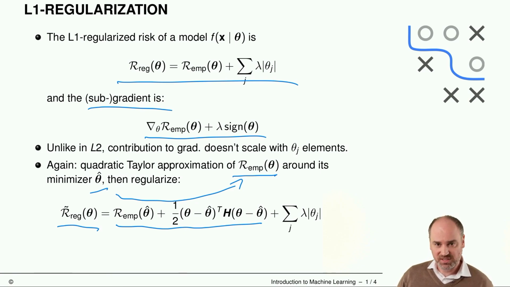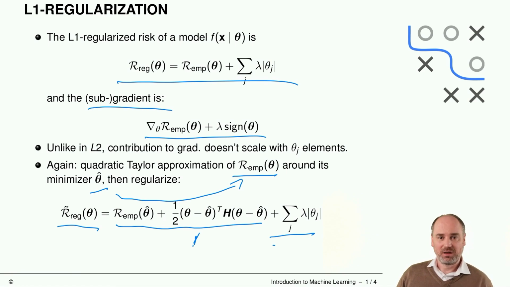Again, this is second order. And again, remember that the linear part vanishes because the gradient at the location of the minimizer theta hat must be 0 because we're at the stationary point, okay? So that's the approximation of our emp. This thing here is the approximation of our emp. And then we add in the regularizer, in this case here L1, to get an approximation of our reg.